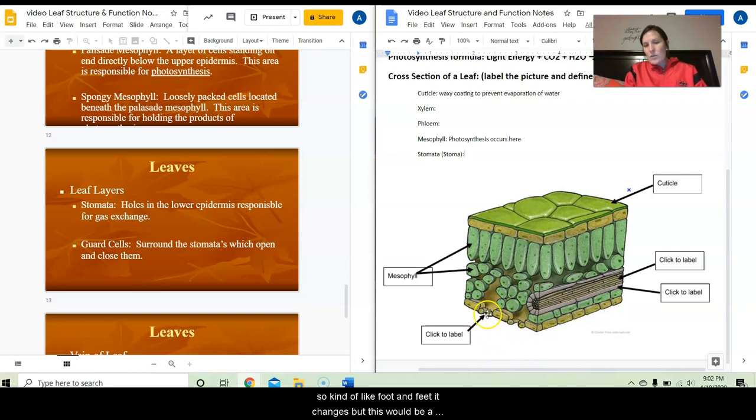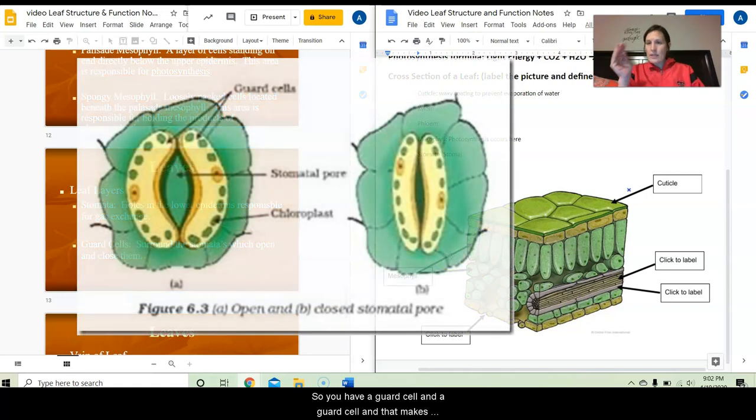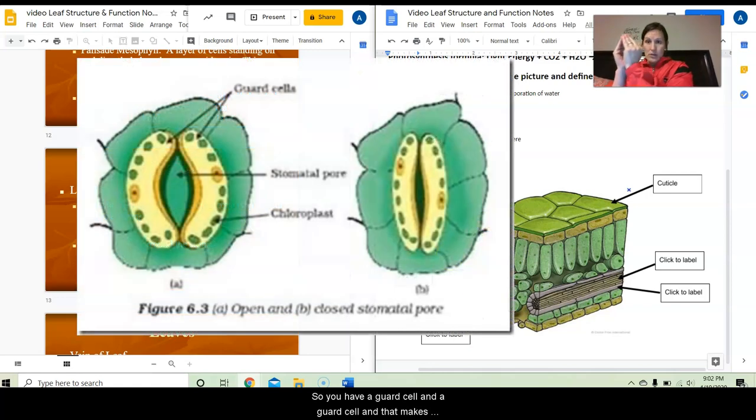But this would be a stomata, and it's more the opening. Okay, so this cell and this cell are called guard cells. So you have a guard cell and a guard cell, and that makes up your stomata, okay? So guard cell, the opening is the stomata, okay?